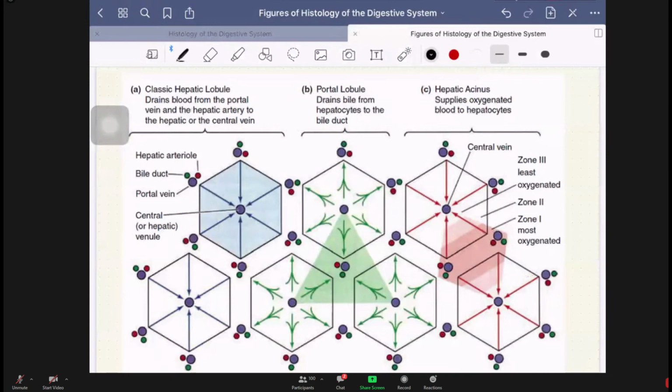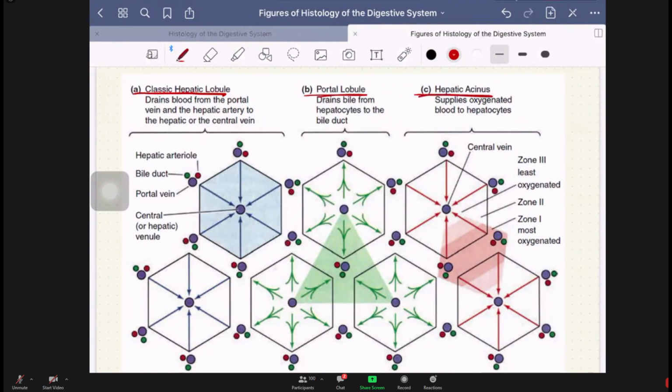There are 3 types of hepatic lobule. First one is the classical hepatic lobule, then the portal lobule, and the hepatic acinus.